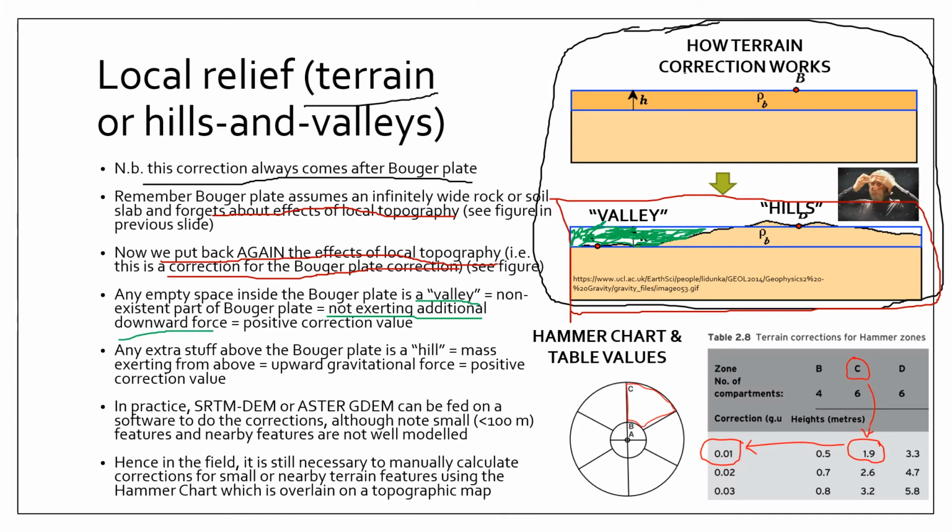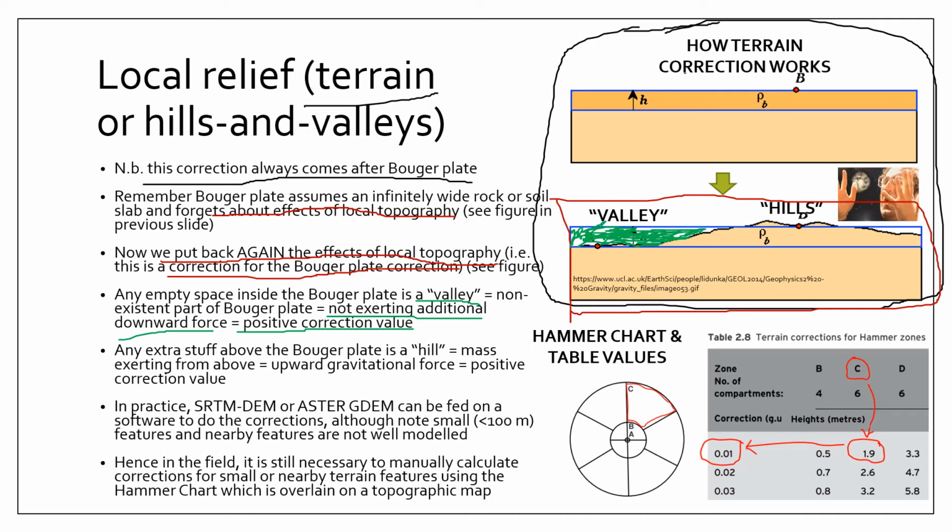All right. So the Bouguer plate is wrong in that part. So to correct that, we have to add a positive correction value corresponding to that valley. Right? So I'll show you the calculations later.